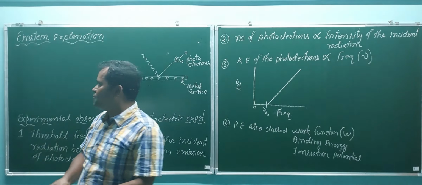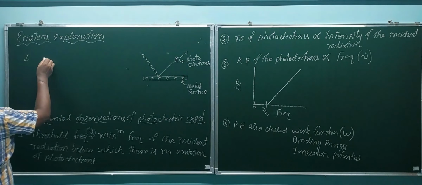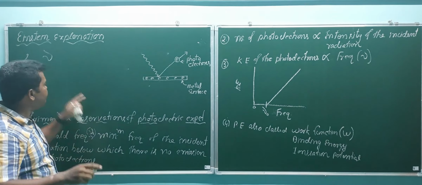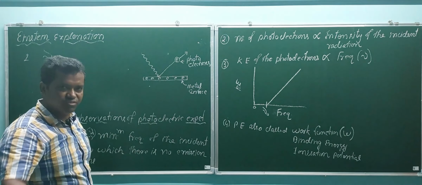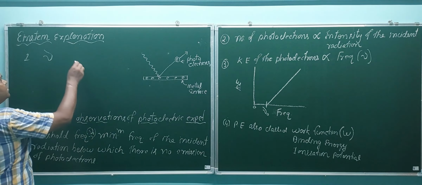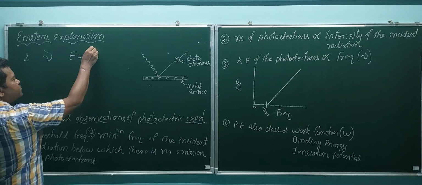Einstein says, number one, if a radiation having frequency nu consists of discrete photons, the energy of each photon is given by h nu.